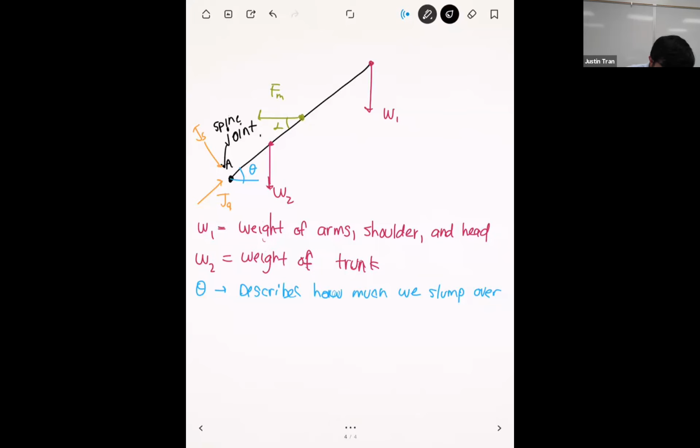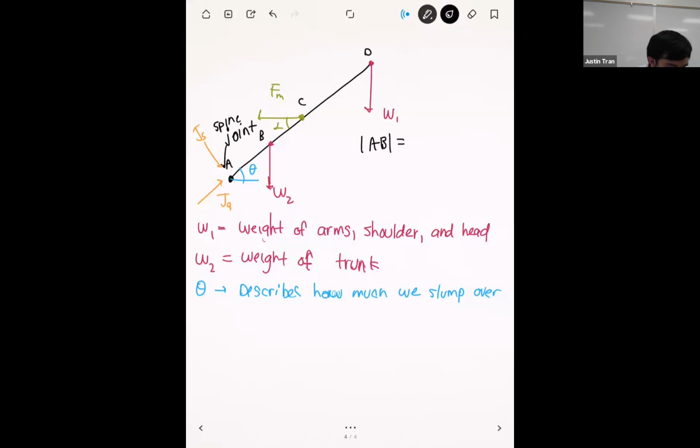So let me go ahead and label all these points. The spinal joint I'll be labeling with point A, and then going up the spine, I'm labeling all the other points with other letters. The reason I'm labeling these points is so that we can give some distances here.